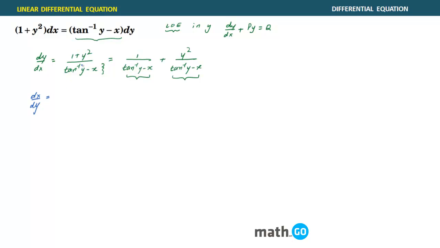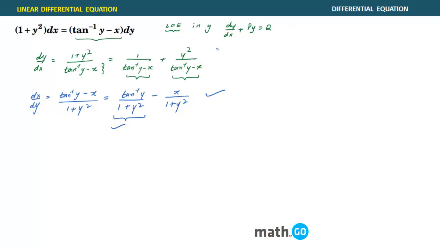If I say dx by dy, you just have to do the reciprocal of this particular term over here. So if I do the reciprocal, you will get this particular stuff here. And now if you split, I'm telling you with a very shortcut or layman definition why it is beneficial. Now if you see this term, yes, it is independent of x, right? So this is actually what will work out in our case.